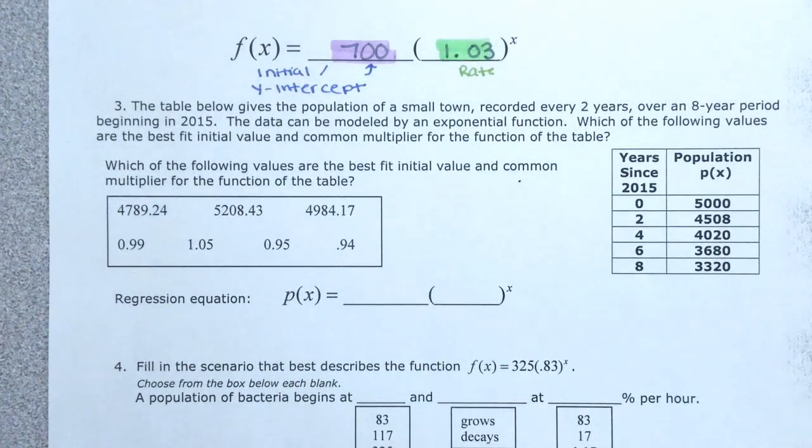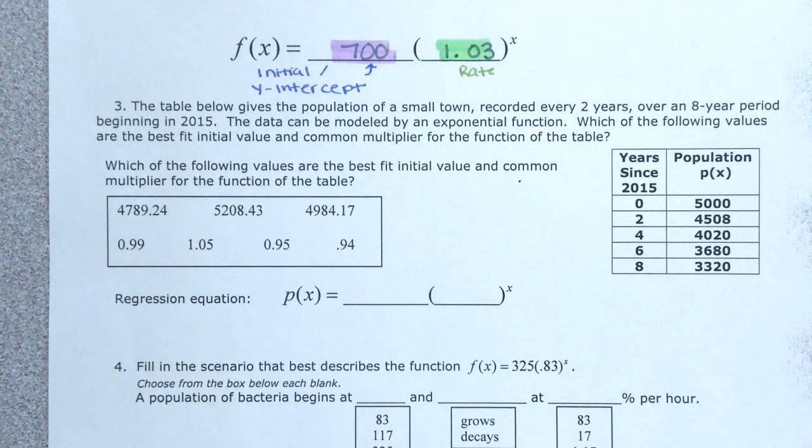Number 3 says the table below gives the population of a small town recorded every 2 years over an 8-year period beginning in 2015. The data can be modeled by an exponential function. Which of the following values are the best fit initial value and common multiplier for the function of the table?